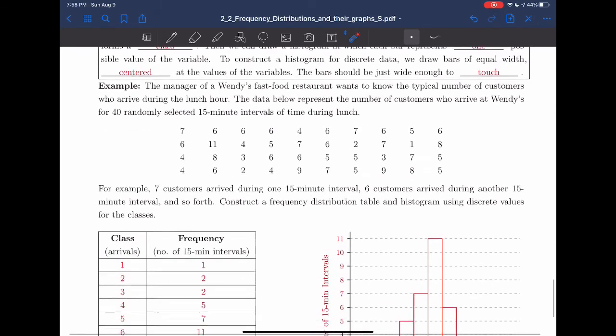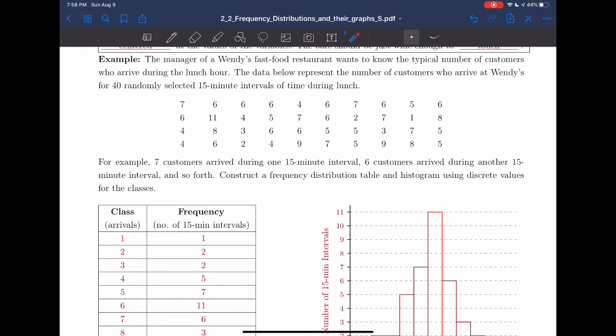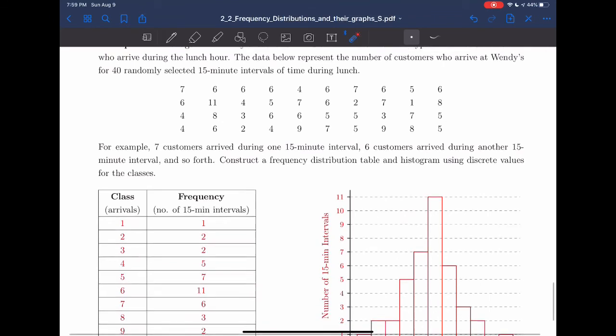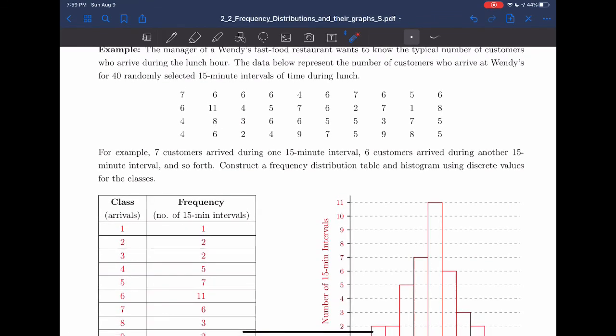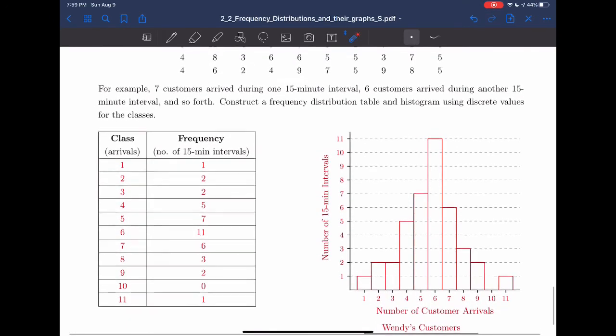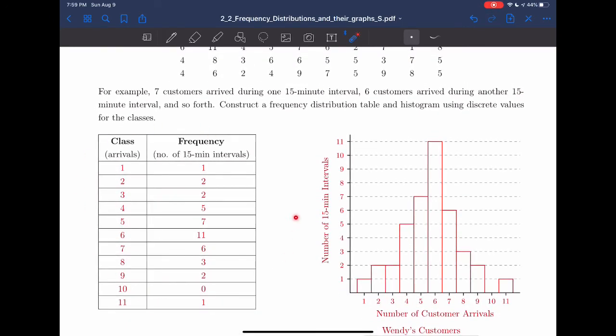So let's look at this example. Let's say you're a manager at a Wendy's fast food restaurant, and you want to see how many people show up to your restaurant at every 15-minute interval. So you have this raw data. When you create your frequency distribution, each class is a possible value of your data, so 1 all the way to 11.